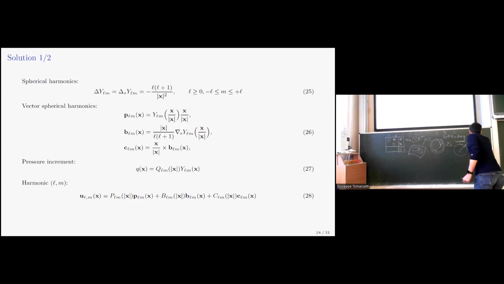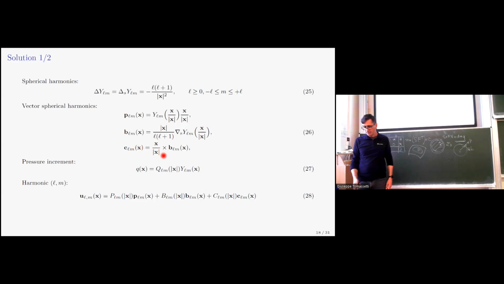And finally, C is obtained by taking the vector product between the normal, X divided by the norm of X, and B. So B and C are pointwise orthogonal.